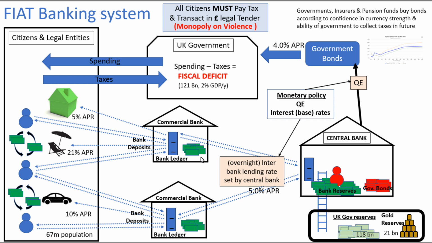And actually, the banks store their bank reserves at the central bank. And it's actually the central bank that affects this overnight lending between the banks to cover any little shortfalls there. That's what this overnight or interbank lending rate is, which is the interest rate that everyone talks about that the governor of the Bank of England sets.